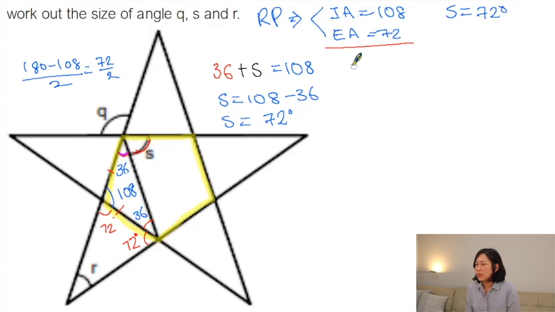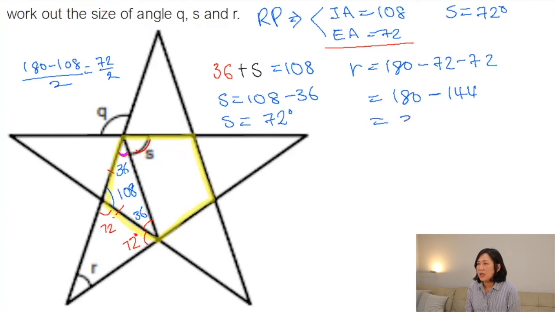Now we notice 72, 72, same angles. That's why we can say the triangle is isosceles. Then R is 180 take away 72 and 72. So now 180 take away 144. So we can say R is 36. So now we found the R.